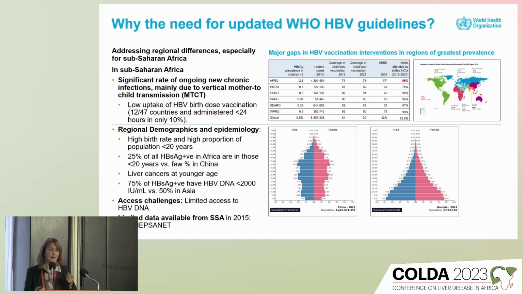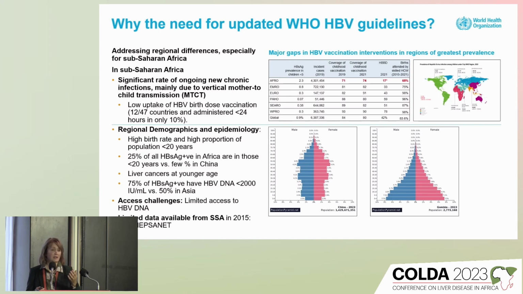And in sub-Saharan Africa, distinct features are the significant rate of ongoing new chronic infections, mainly due to vertical mother-to-child transmission. And we know the low uptake of the hepatitis B birth dose vaccination, with only 12 of 47 countries that have adopted it. And even in those countries where it has been adopted, only 10% is it done in a timely fashion.